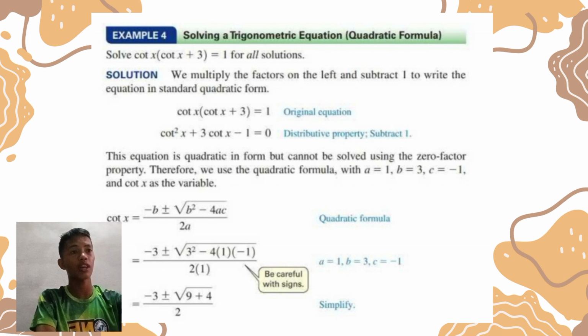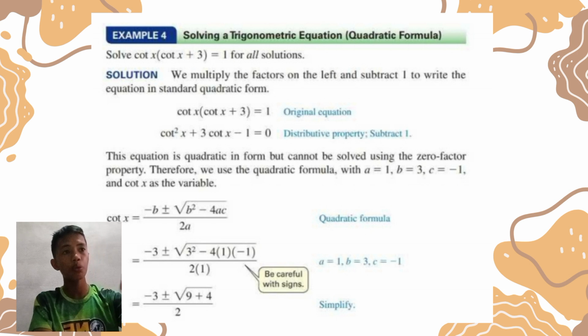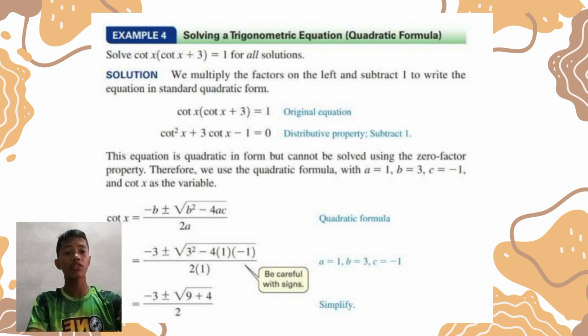As we can see here, we use the distributive property. We multiply cotangent x to cotangent x inside the parentheses, and we multiply cotangent x to 3. Therefore, we have cotangent squared x plus 3 cotangent x minus 1, so we have to subtract 1 from it.